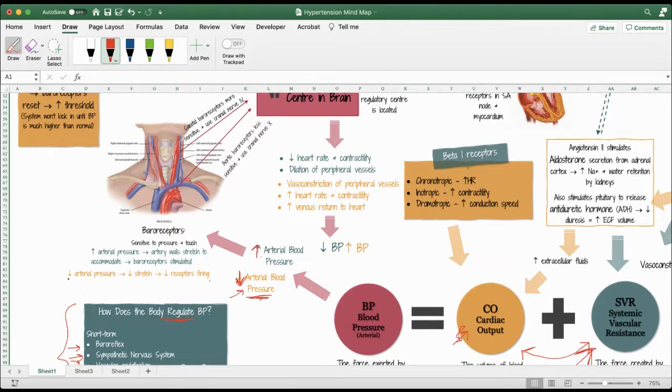Those baroreceptors immediately sense that through their pressure and touch. They feel it. It's a decrease of stress. So they're going to slow down firing off their message to the brain. If the arterial blood pressure is high, it's going to feel that stretch through pressure and touch, and it's going to stimulate the baroreceptors to fire more.